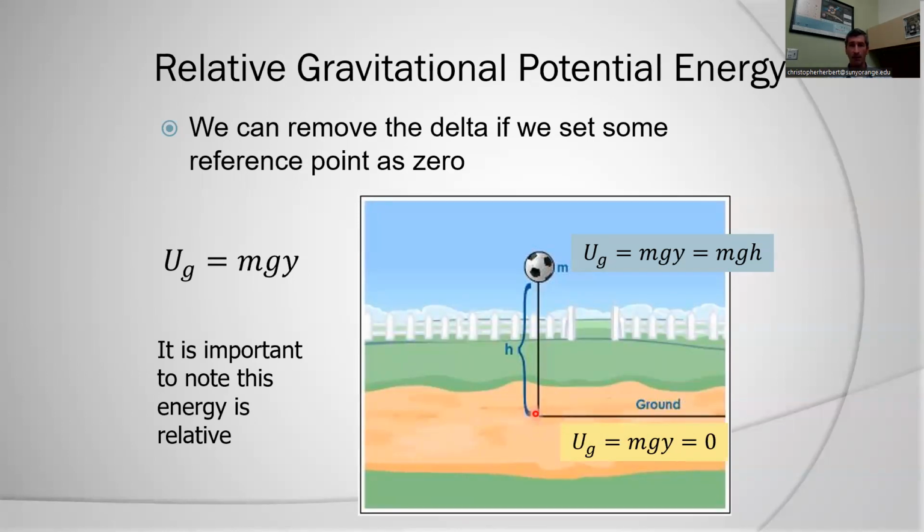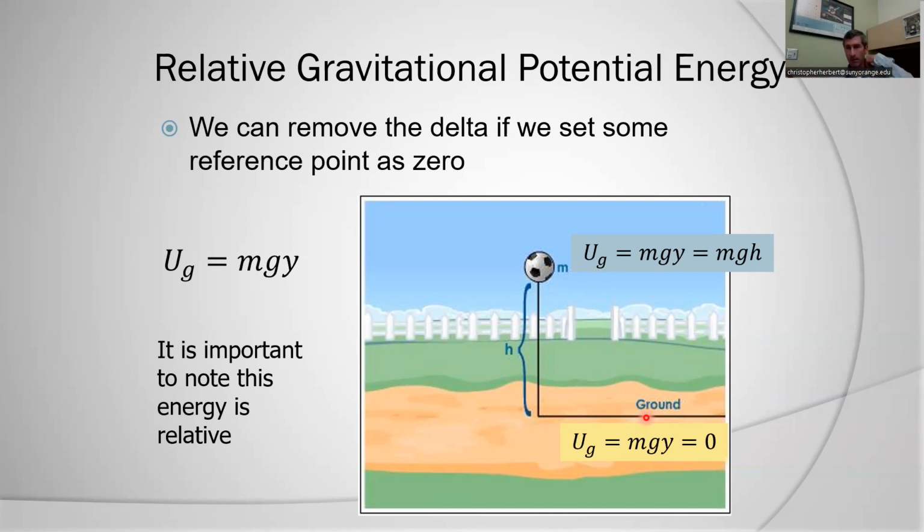So when it's on the ground, potential energy of the ball would be 0. Makes perfect sense. Gravity can't do anything to it. It's on the ground already. It's not going to gain any kinetic energy once it's on the ground. When it's in the air, the maximum kinetic energy it can get is from falling and hitting the ground. Okay. And there are my potential energies, mgh.